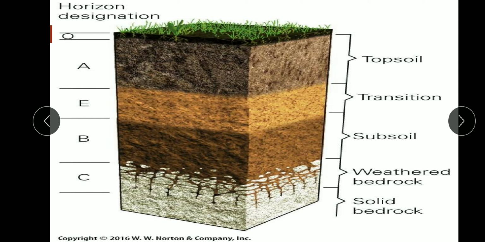A is like the surface, B is like the subsoil, then C is like the substratum. These are the special O horizon and R horizon. This is the bedrock. The O horizon consists of organic material and R is the bedrock.